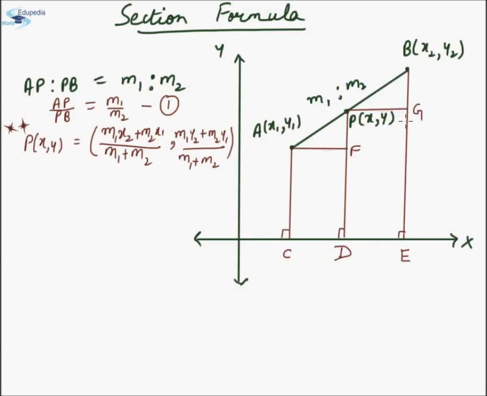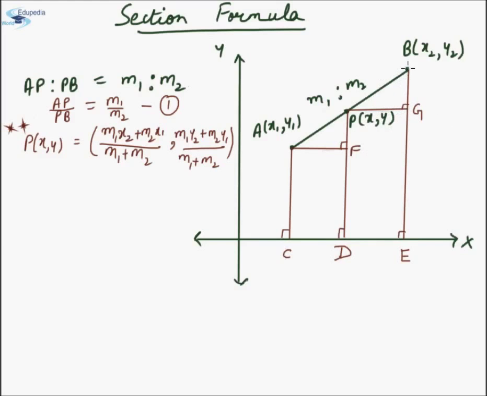Now friends, these two lines, AF and PG, are perpendicular. By symmetry we can say that AF and PG are also parallel to the x-axis and hence parallel to each other.